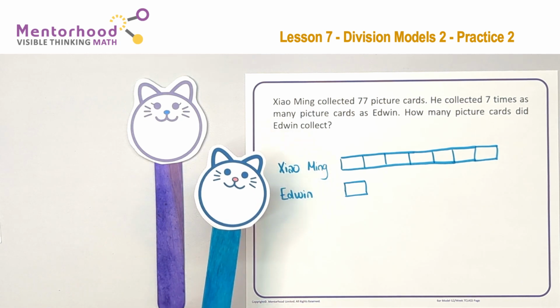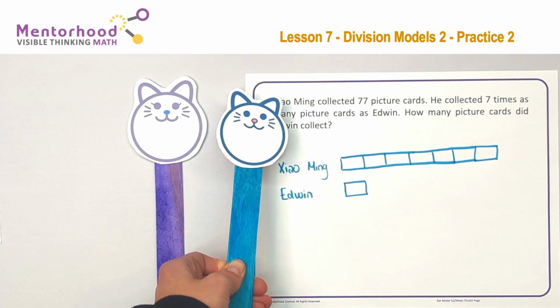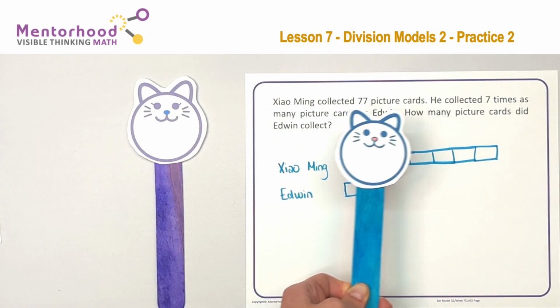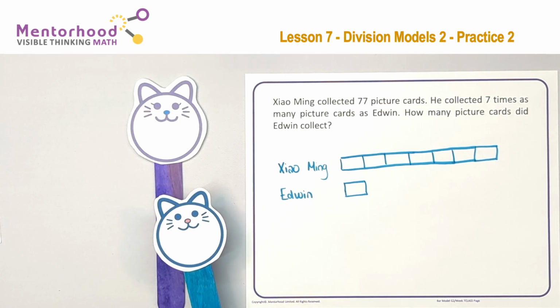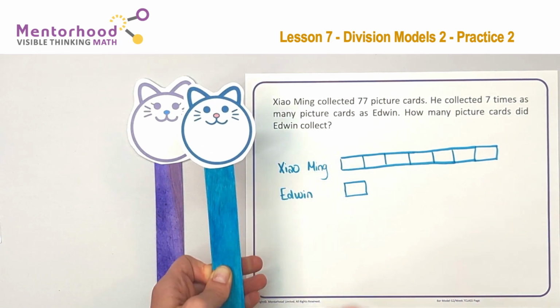Okay, now what numbers can we fill into our model? Zhao Ming collected 77 picture cards. Where should I put that number? Yeah, that's going to be the total for Zhao Ming. That's right.